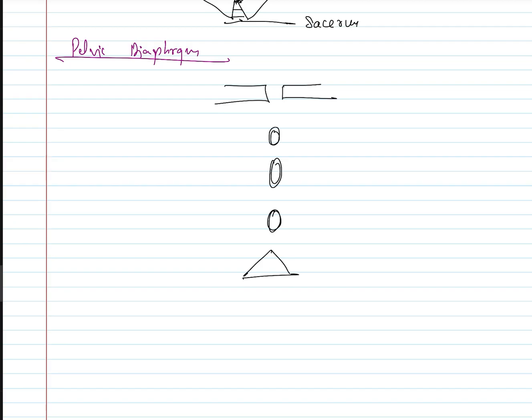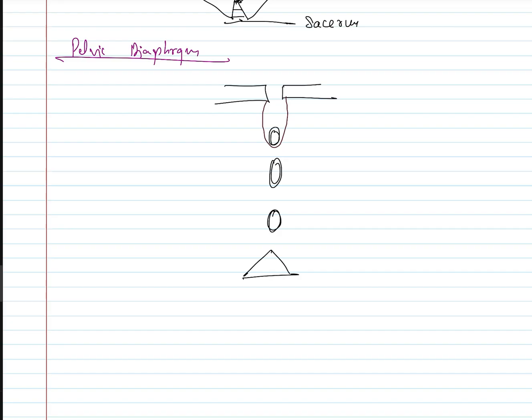This levator ani muscle is formed by your pubococcygeus and iliococcygeus. Pubococcygeus has been divided into pubourethralis, pubovaginalis, and then puborectalis. Pubourethralis means from the pubic symphysis it surrounds your urethra.